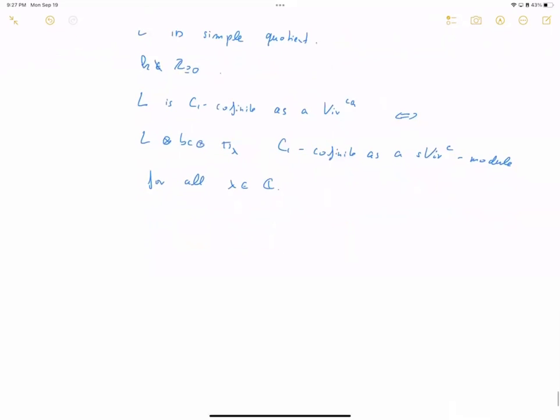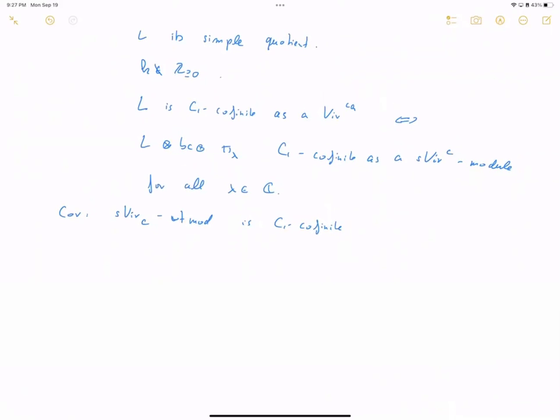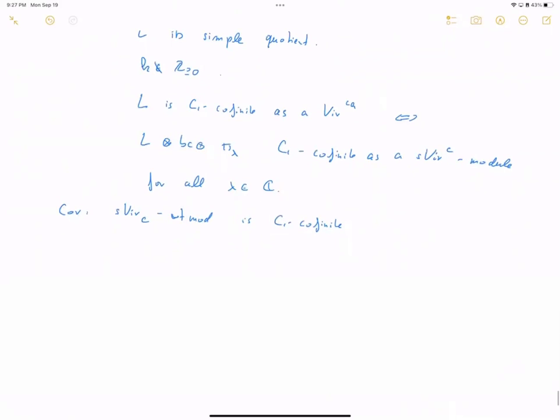A very interesting one. So a corollary is that the super Virasoro category with a lower index, this for the simple super Virasoro, because every Virasoro module appearing there is C1 cofinite.